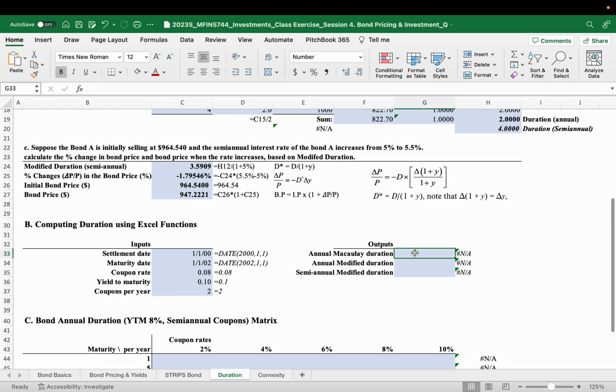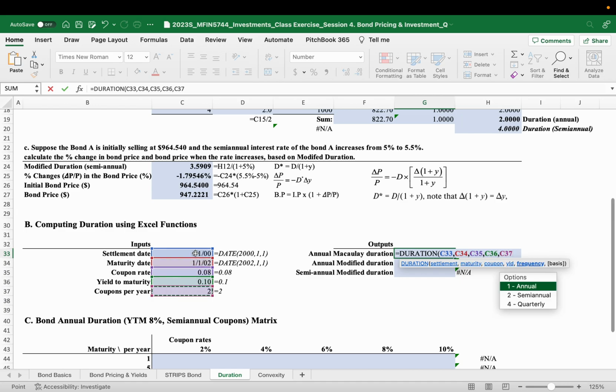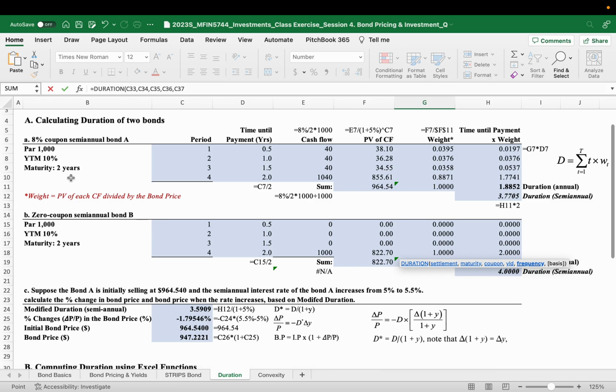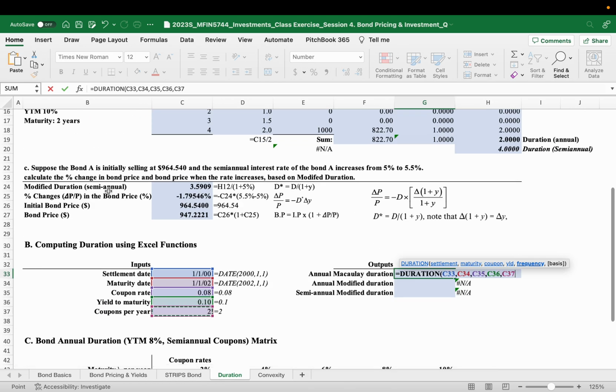So you can just simply apply the duration function here and include everything. We can randomly put any settlement date and maturity date here. In this case, we have the maturity set here at just 2 years. You can put any years there, right?